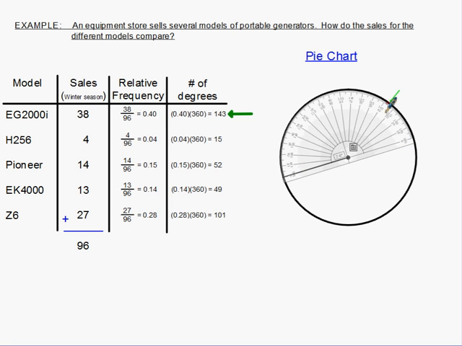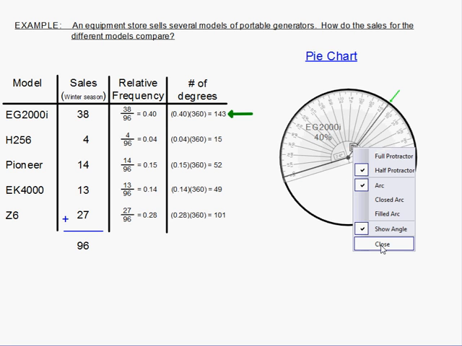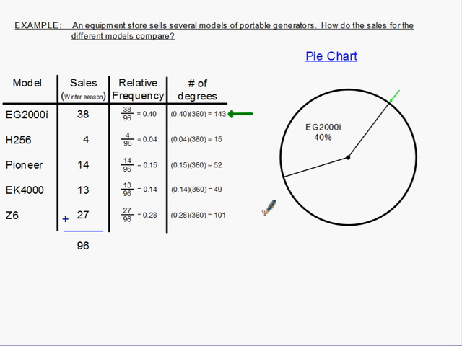There are always 2 scales on a protractor. The 0 is on the outer one over here, and the 0 is on the inner one over here, but this is where my baseline is. So I go on the outer one until I get to 143, make my mark, and draw my line.